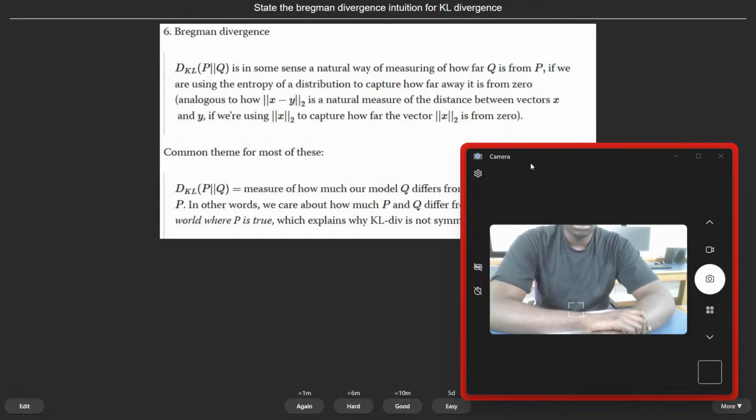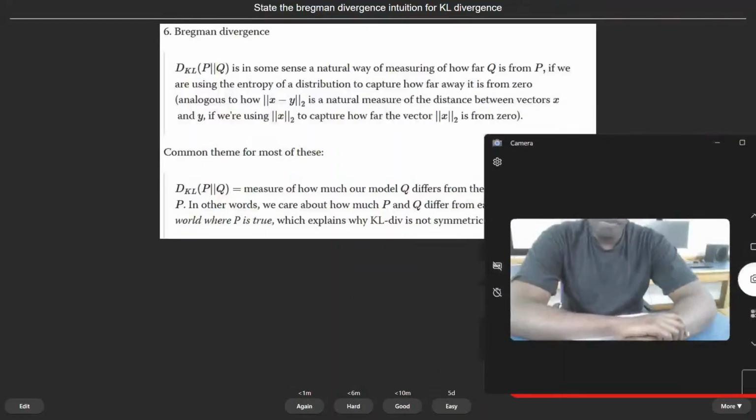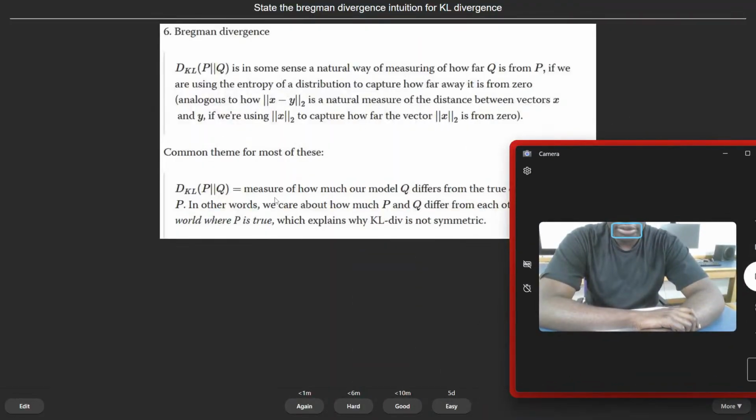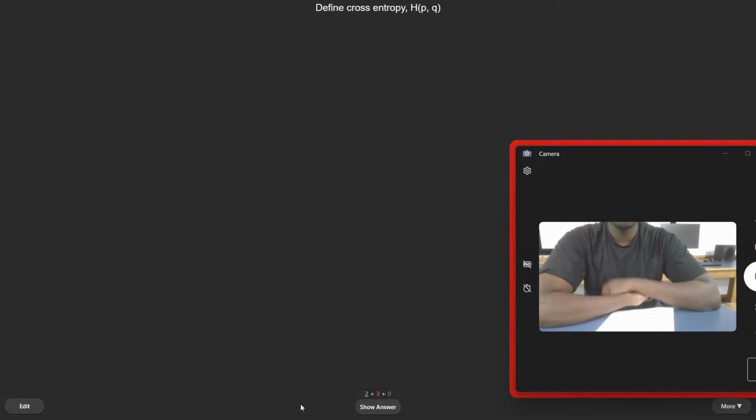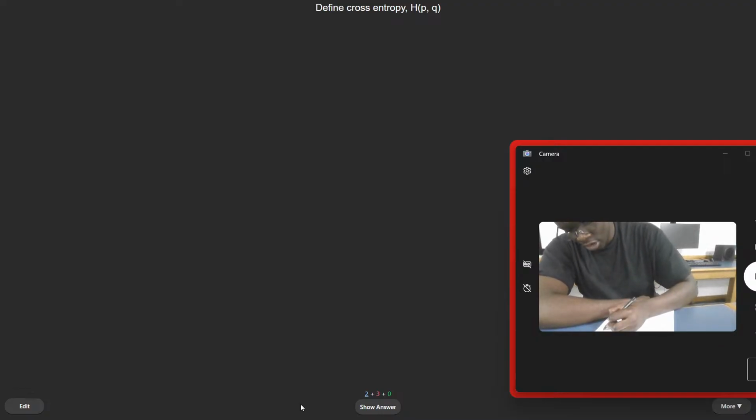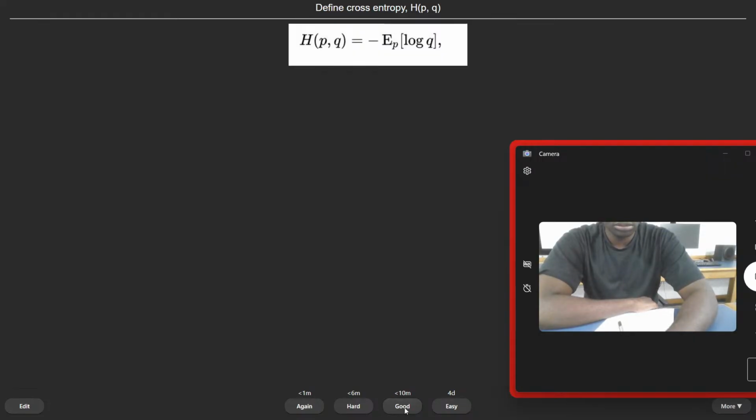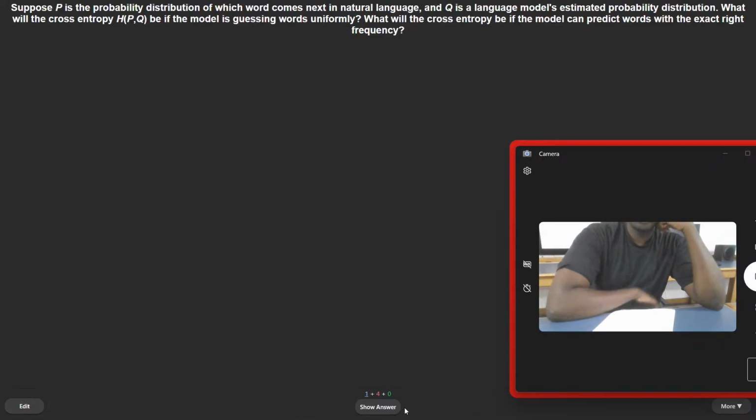And then to define cross entropy H of P and Q, it is the negative expectation under P of log Q. Suppose P is the probability distribution of which word comes next in natural language, and Q is the language model's estimated probability distribution.